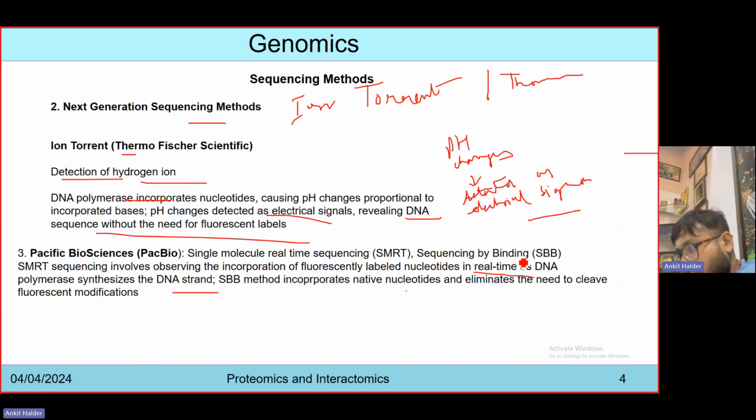It incorporates native nucleotides and eliminates the need to cleave fluorescent modifications.